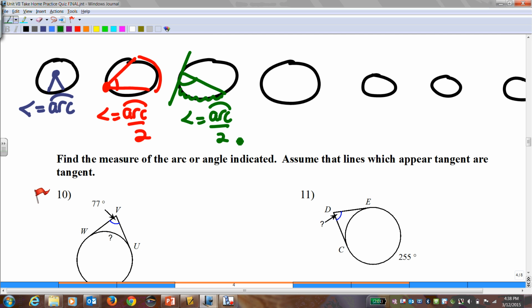Next one, a tangent-chord angle is the same as the inscribed angle. A chord angle is half the sum of the arcs it intercepts.